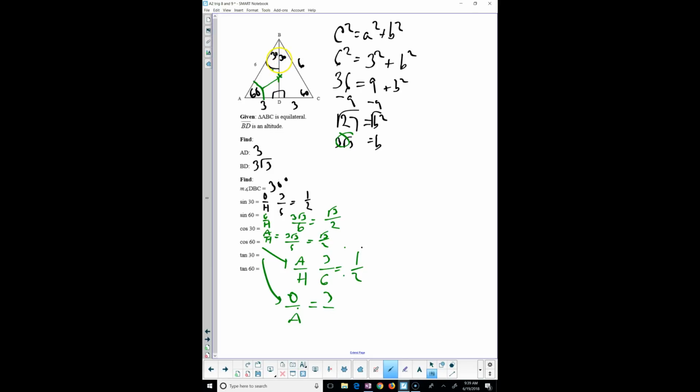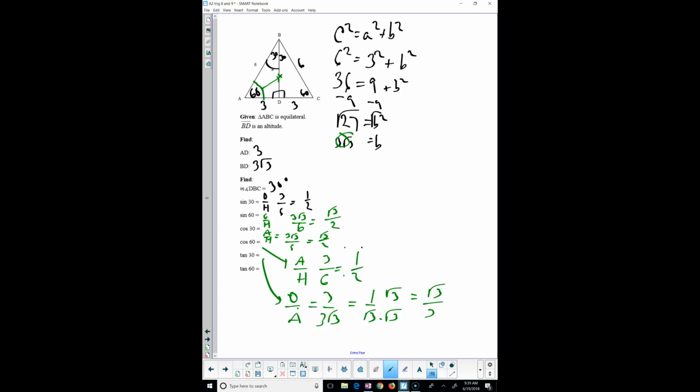I'm on 30, right? Tangent 30. Opposite is 3. The adjacent is what we found, which is 3 radical 3. So 1 over radical 3. If we rationalize this, we get radical 3 over 3.